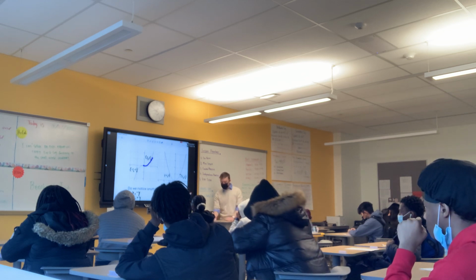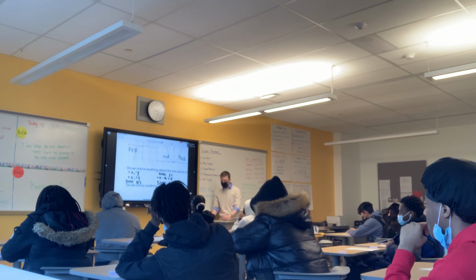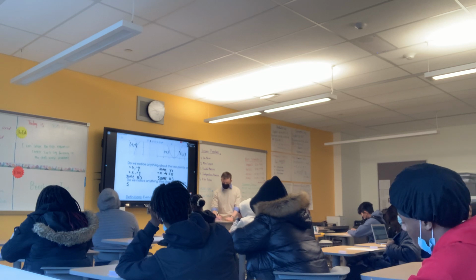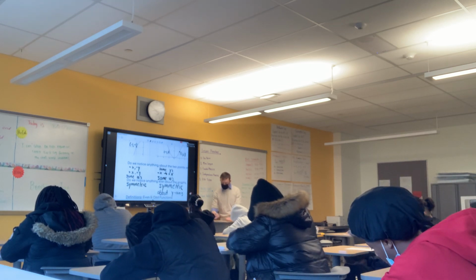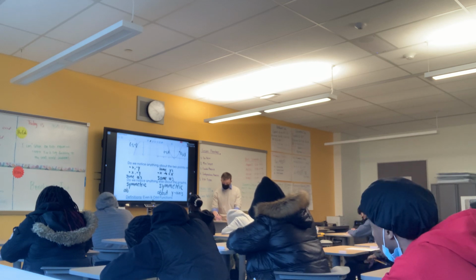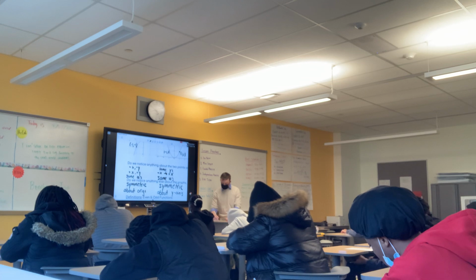This one is up here and this one is the same thing, but reflected, flipped over. It's still symmetric because it still has two parts that are the same. We call that symmetric about the origin.